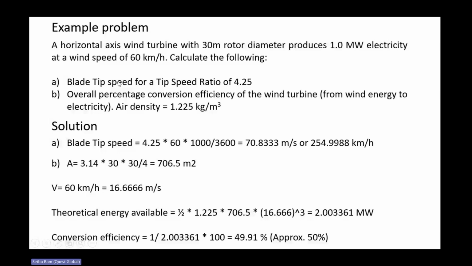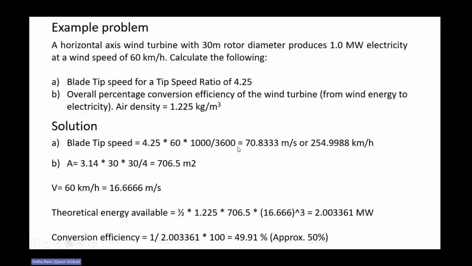So blade tip speed is equal to 4.25 into 60 into 1000. Here 1 megawatt, so we have to make that 1 megawatt into kilowatt, so that is 1000. And here the speed is given as 60 kilometers per hour, so we have to make it meters per second, means we have to divide it by 3600.